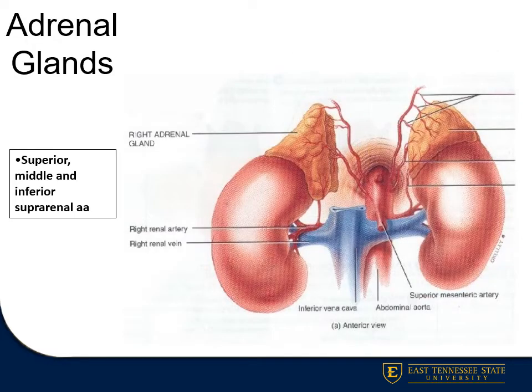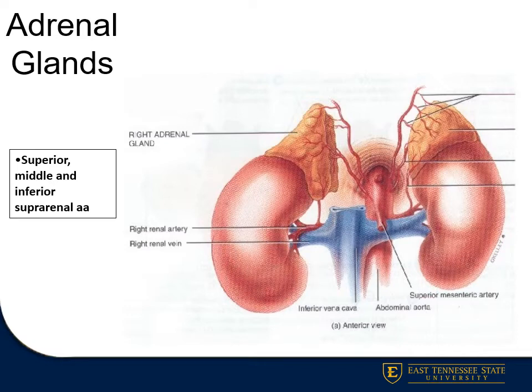There are superior, middle, and inferior adrenal arteries, or suprarenal arteries, that are supplying the blood supply to the adrenal glands. And these originate from different areas. You will be able to see some of these in lab, identifying all of them on one cadaver.